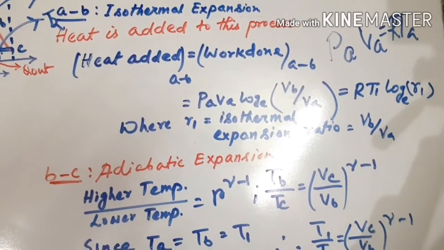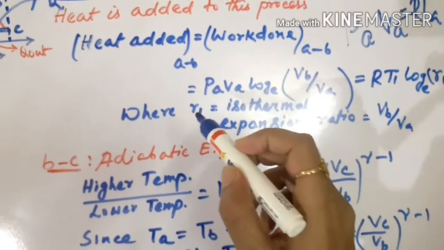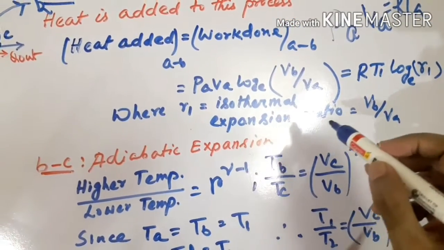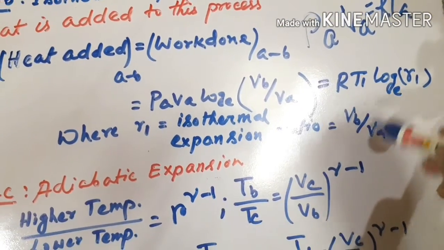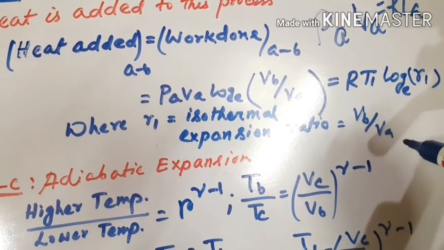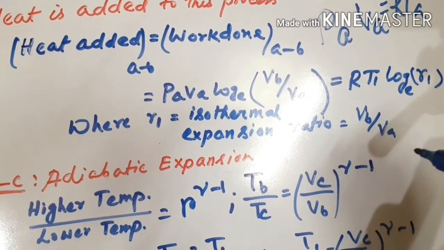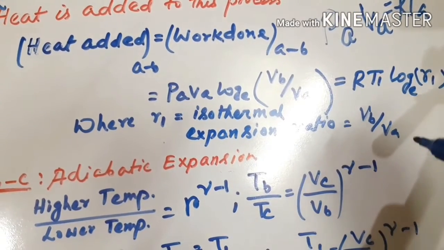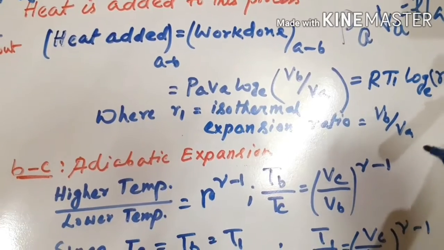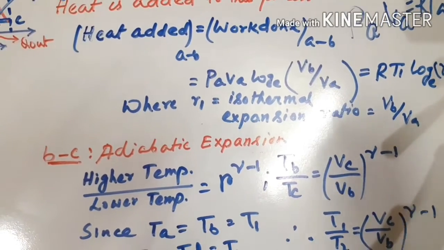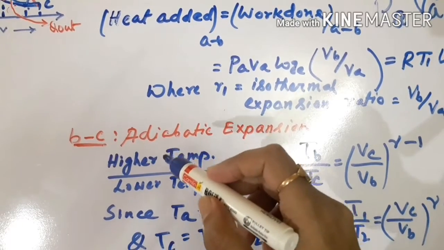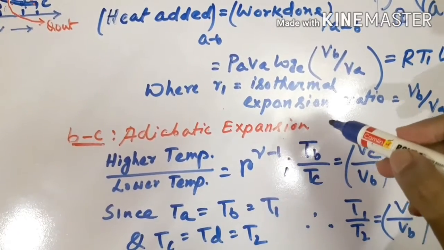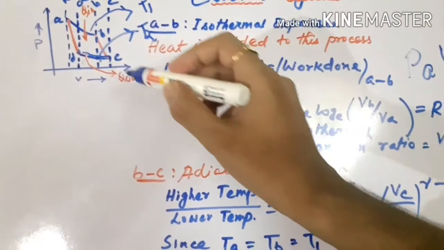Now, you can see this R1 as the isothermal expansion ratio, which we can say as VB by VA, because it is the expansion ratio, that is why VB by VA. Now, we have to move to the next process, that is process B to C, the adiabatic expansion process.